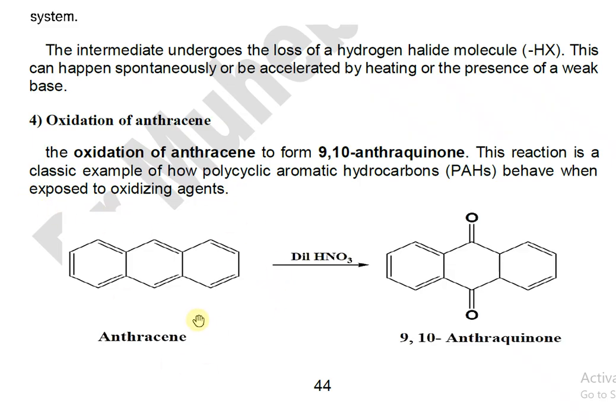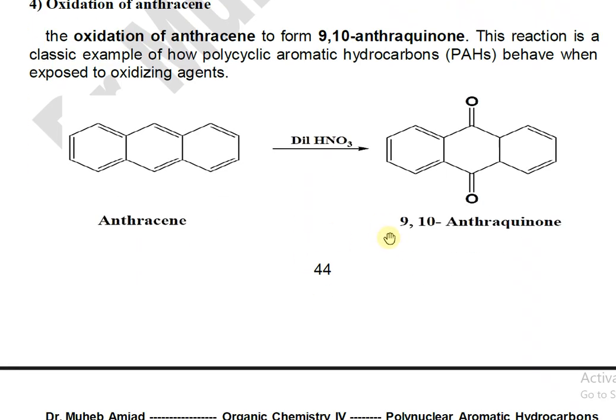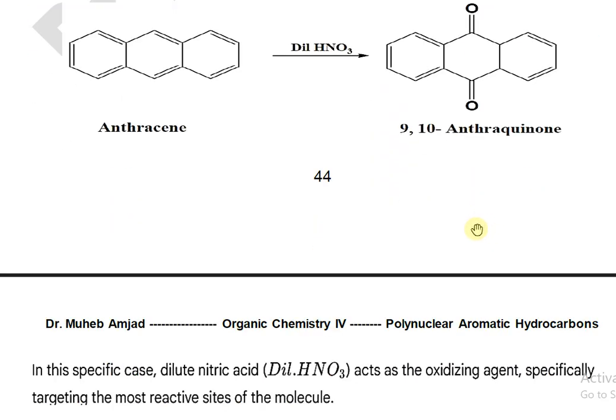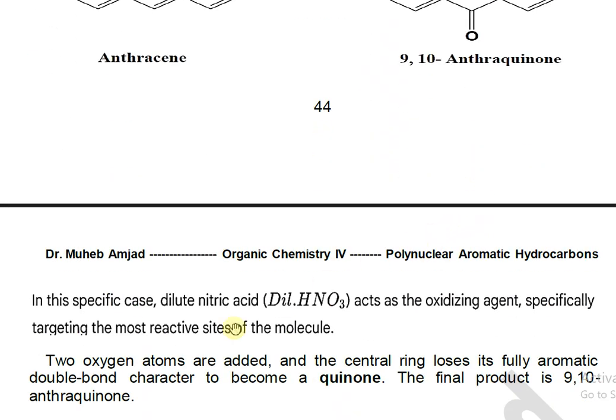So anthracene reacts with dilute HNO3 to give you 9,10-anthraquinone, and in this specific case dilute nitric acid acts as the oxidizing agent, specifically targeting the most reactive site on the molecule.